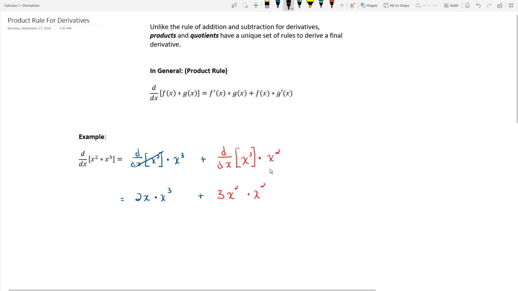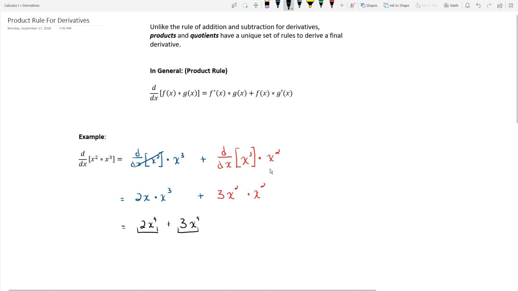So now we can start combining these. So we have 2x times x cubed, so that's going to give us 2x to the fourth, plus we have 3x squared times x squared, so we're going to have plus 3x to the fourth. And since this is addition, we need to make sure our variables have the same exponent powers, and they do.